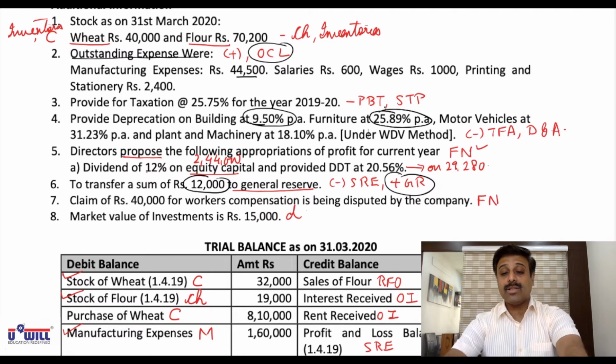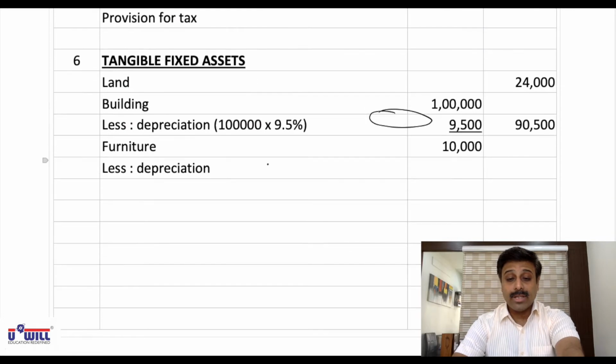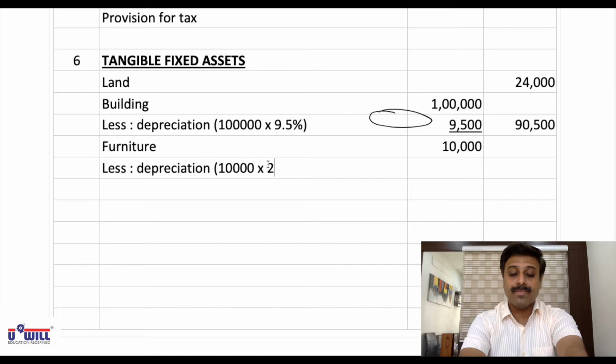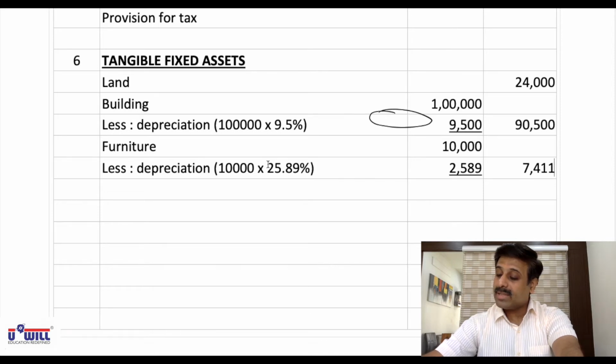So 10,000 into 25.89%, 2589. Okay, 10,000 into 25.89%. 2589. Outer column 7411.